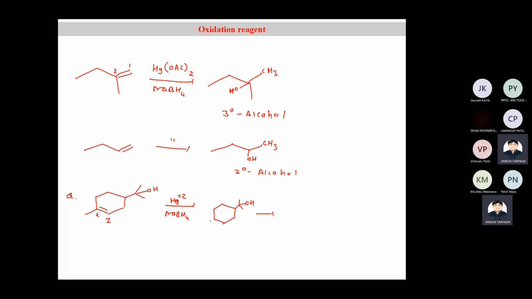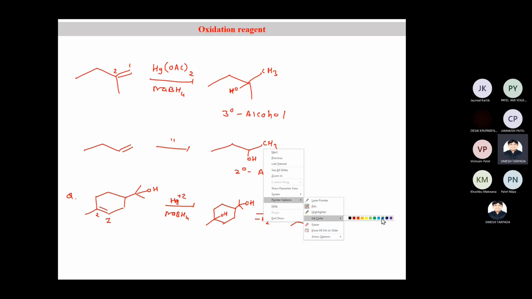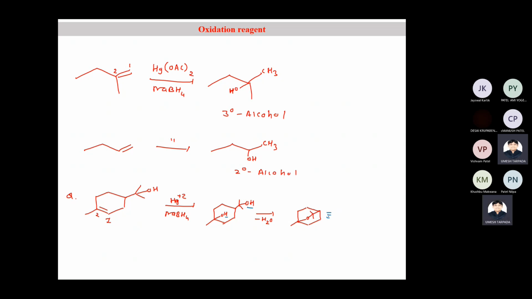Now see here, OH is here. Now what happens if 2 groups are there in the same molecule, then it undergoes dehydration, it undergoes lactone formation, and you are getting this lactone. Hydrogen from here and OH from here will be removed, and you are getting this type of lactone. OH is removed, H2O is removed. And this lactone you may write in this way.